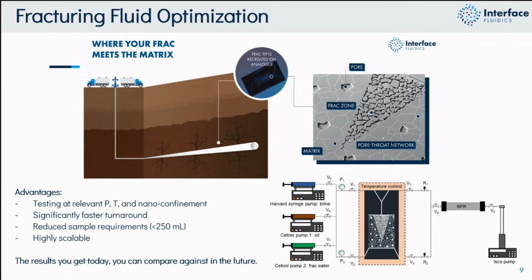How we run our experiment: the bottom graph shows the schematic of the experimental setup that we have. Initially, we saturate the analog with formation brine and oil. Of course, depending on the initial wettability of the rock, we can modify the surface wetting condition of our analogs. And once everything is set at reservoir temperature, we inject the frac fluid, could be a slick water or slick water plus any additives, from frac zone into the matrix.